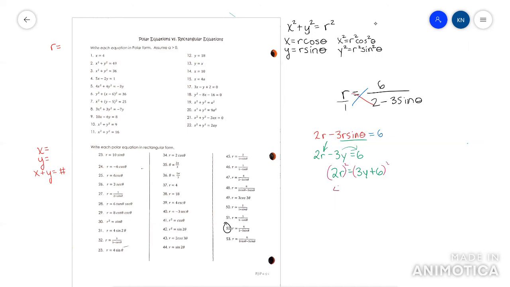So on the left, it's going to make 4r squared. On the right, you're going to have to FOIL it. Like that. And then once you get here, you did all this so that you could change r squared on the left side to be x squared plus y squared.